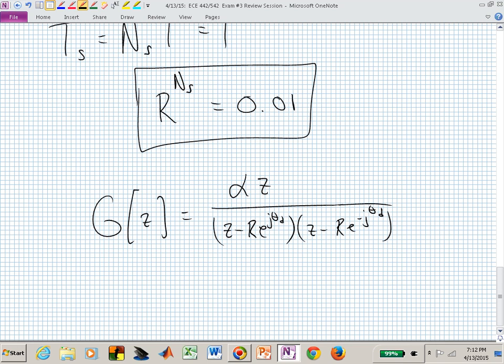So if nothing else is given to you, you can just assume that the numerator either contains that z at the origin or it doesn't contain any z in the numerator. And what does that z do in the numerator? That just advances you one time step relative to those two cases. So that z is now an advance, and if it's not there, you sort of have two delays in your system. Relative to it there, you now have one delay.